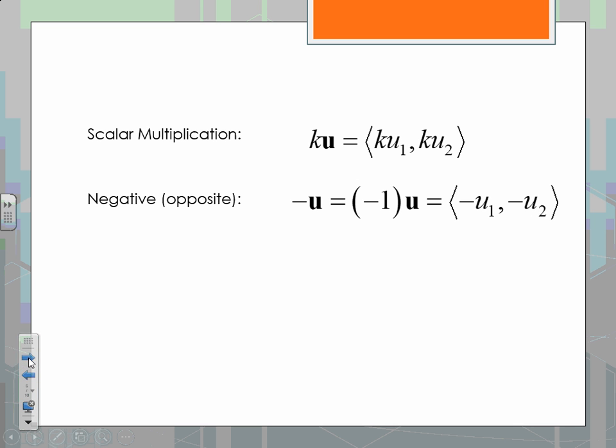And then if we negate a vector, this is what I talked about on the previous slide, it's just going to go in the opposite direction. So we can visualize them to be parallel vectors if they are opposites of each other. Right? They'd be parallel.